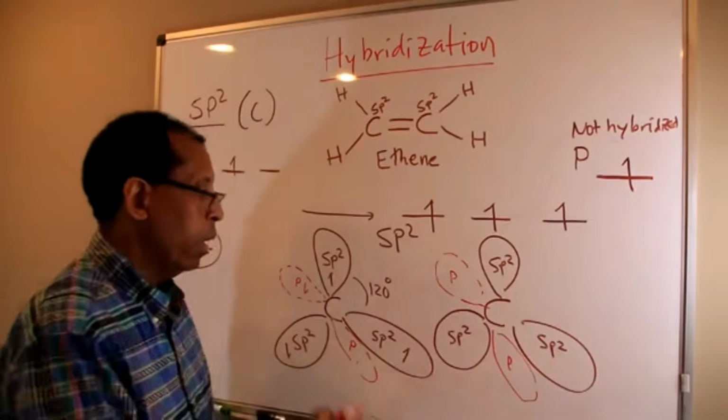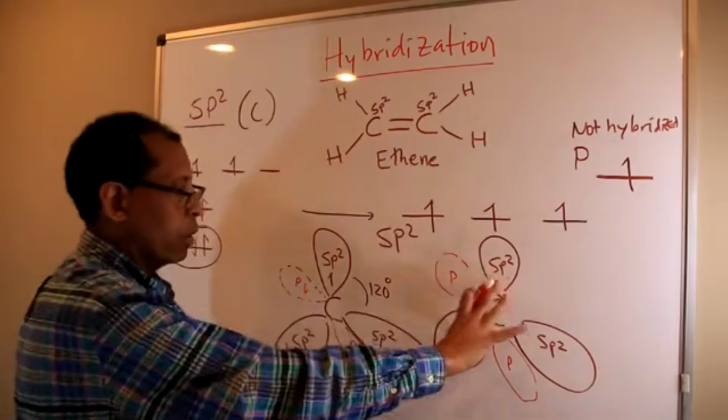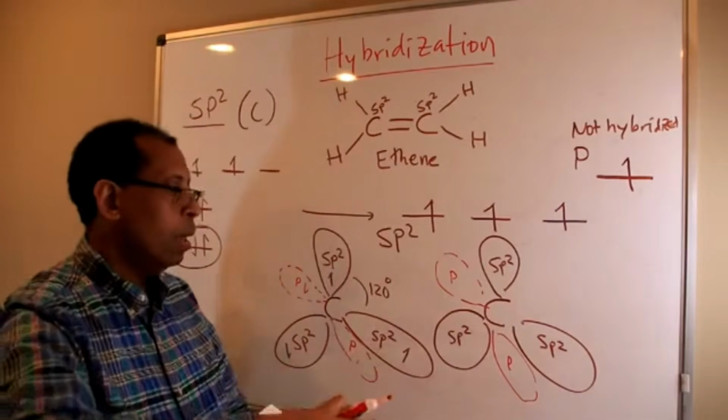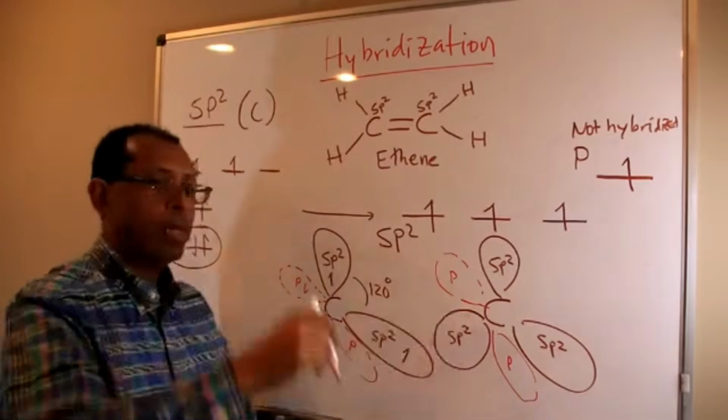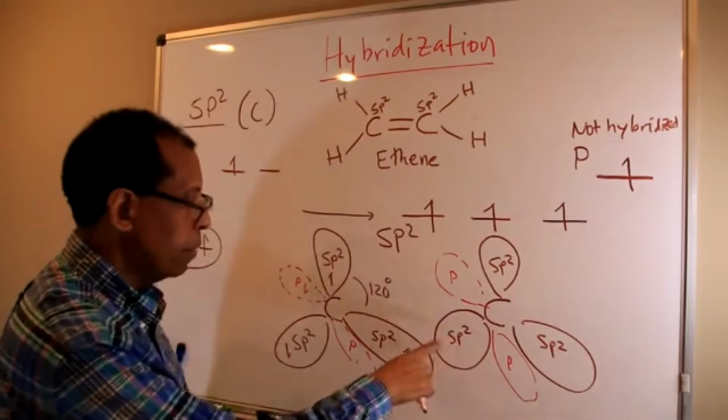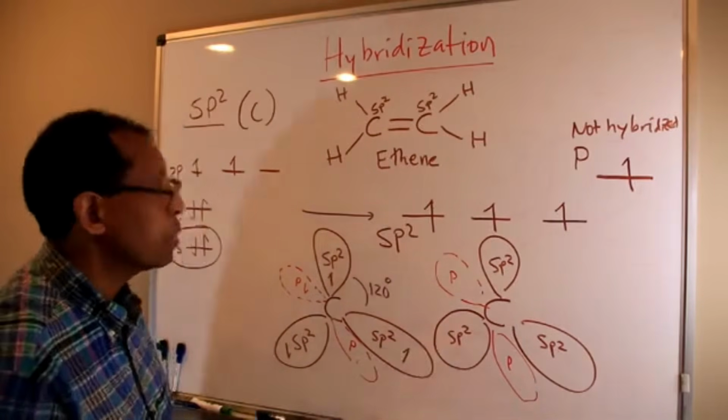It's exactly 90 degrees to the surface. So all the sp2s are on the plane, and then the p orbital is 90 degrees to the plane of the sp2 hybridized orbitals.